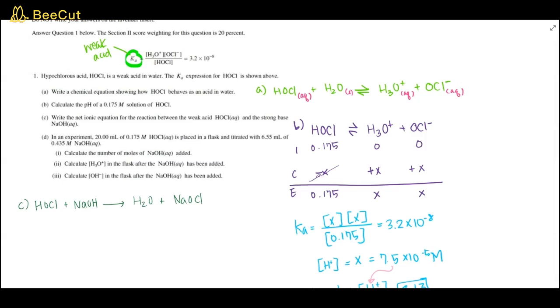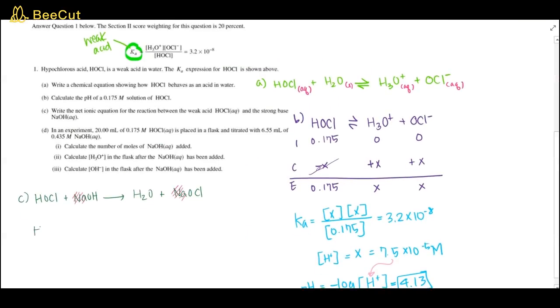Now, they're asking us for a net ionic equation, and we know that sodium is super soluble. So sodium, I can just take it out, right? So after I take that out, I end up with HOCl plus OH minus, yielding H2O plus OCl minus, right?